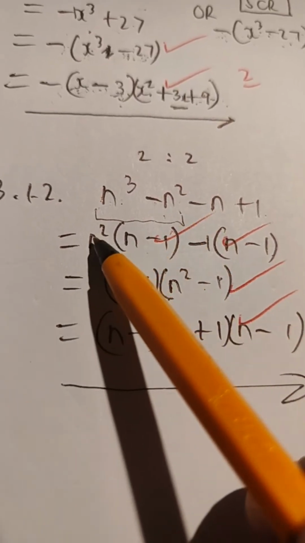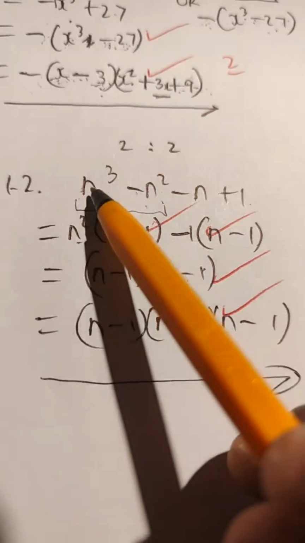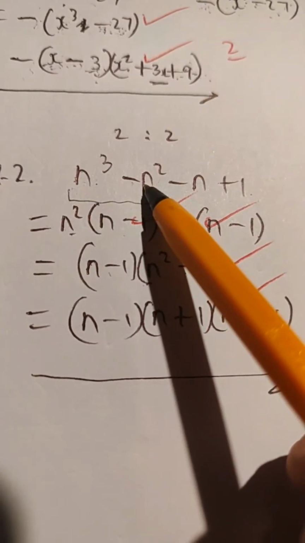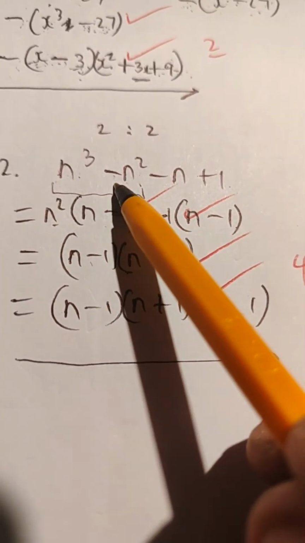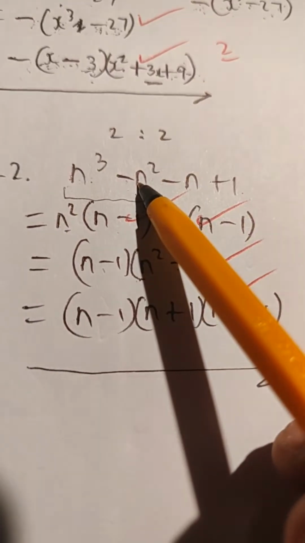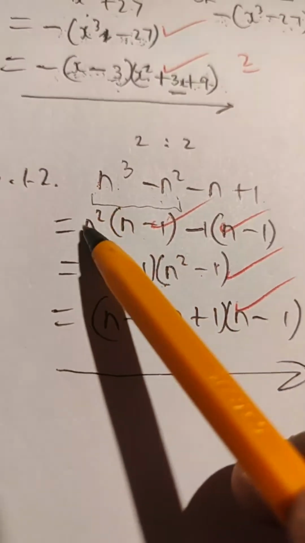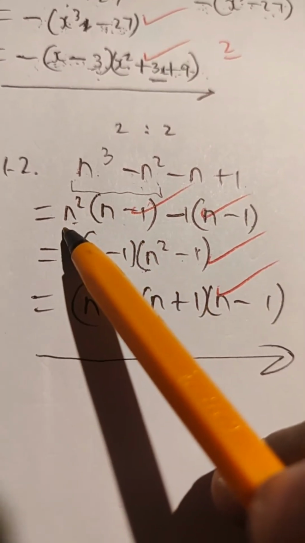So that means n squared, positive 1 n squared, can be taken out as the highest common factor for these 2 terms. Then there's no common bracket for these 2 that we can take out. So that means our highest common factor is positive 1 n squared. The positive 1 is there. The n squared is visible.